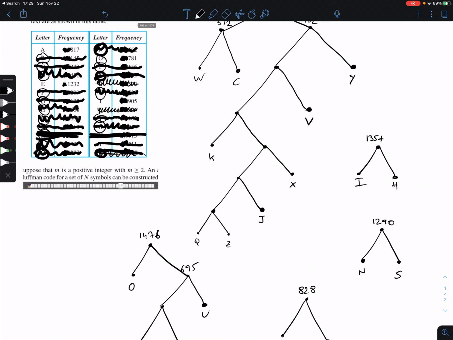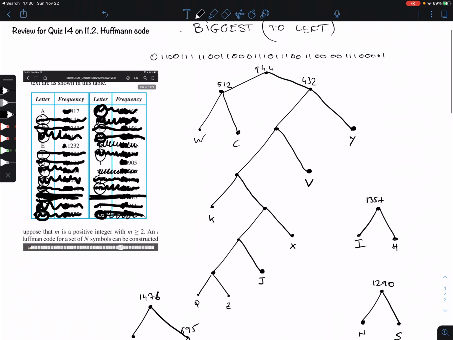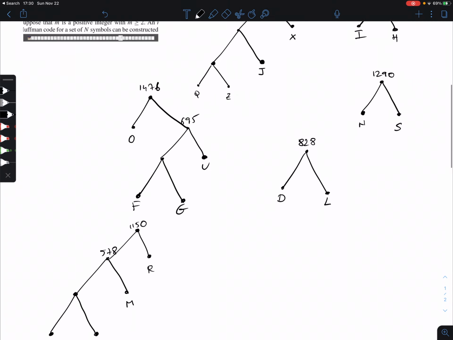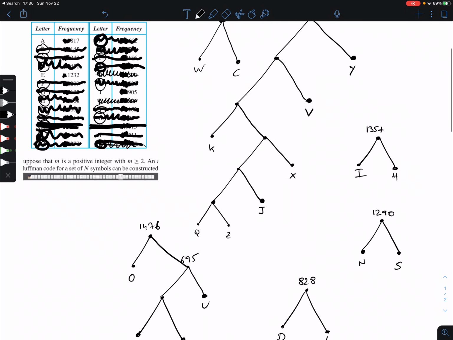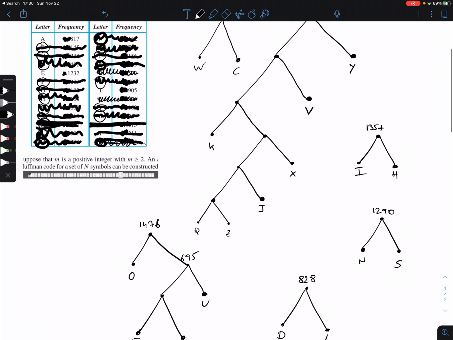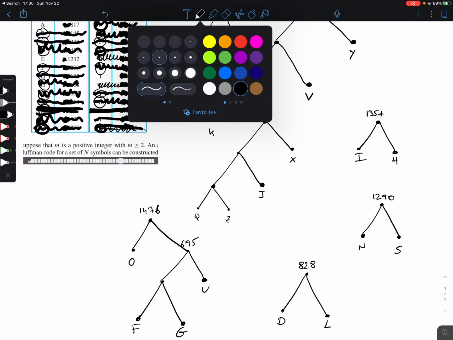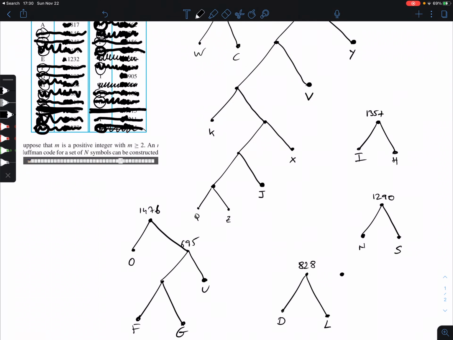Okay, what do we do? Oh, okay, so O is gone. So A and T are the only ones less than 1000. We also have two trees that are less than 1000. Let's see. I think A and this DL tree are the two that we have to combine, right? And A has a slightly less frequency.